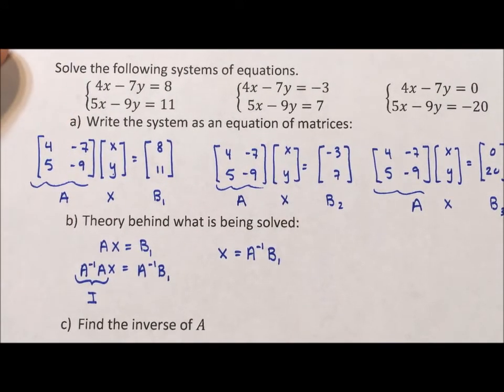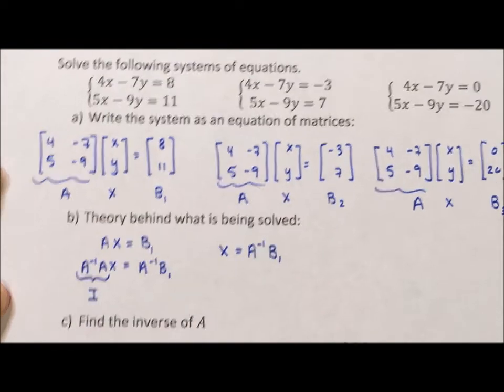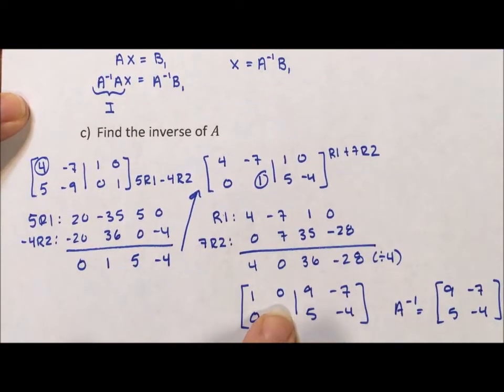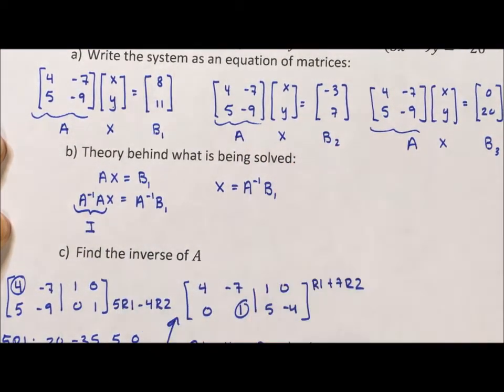Now you might be thinking that is a lot of work. This part in here was theory, but you might be thinking that's a lot of work to solve the system. But we can now solve these two systems as well.